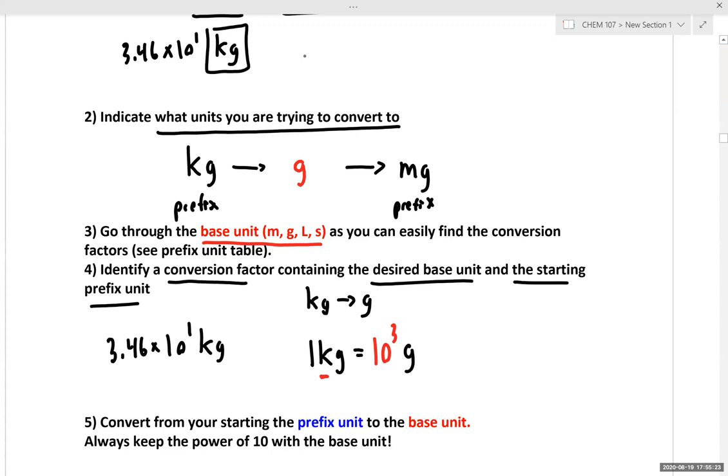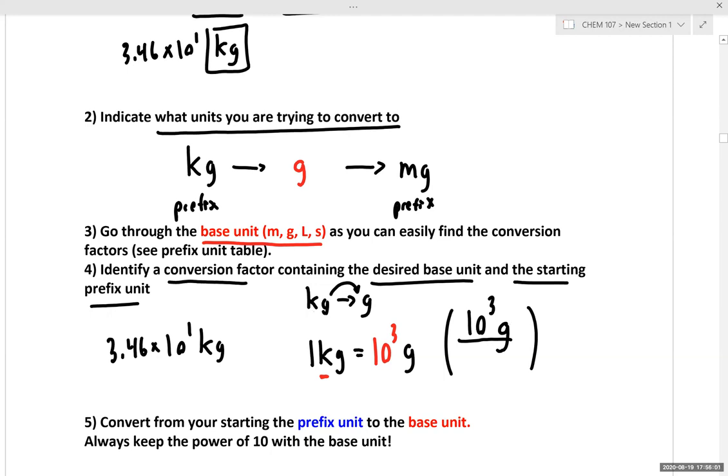Now, when we're going from kilogram to gram, I draw this little arrow, and where my arrow is pointing, I put it on top. So what units am I going to put on top of my unit conversion factor? If I'm trying to go to grams, I put grams on top. And the grams has this 10 to the third associated with it. In general, you're always going to have your power of 10 with your base unit.